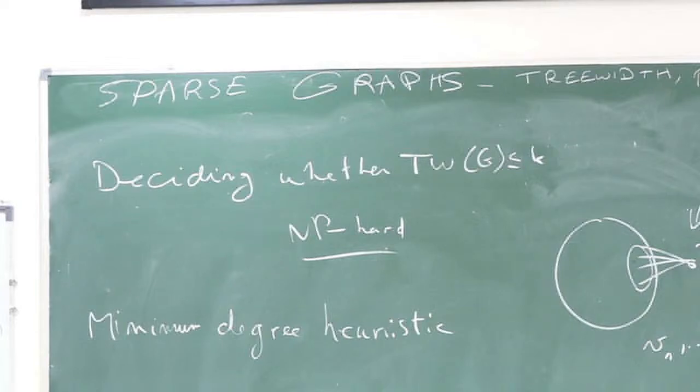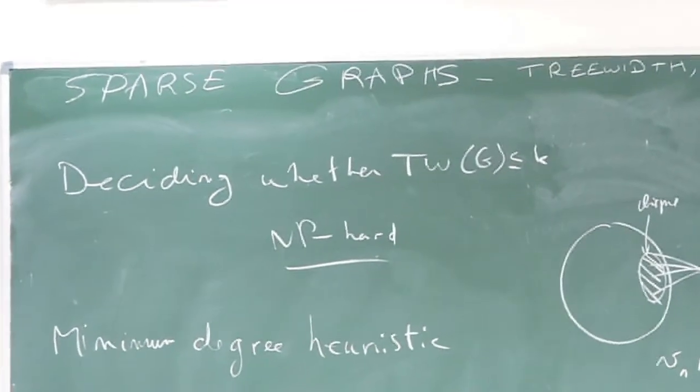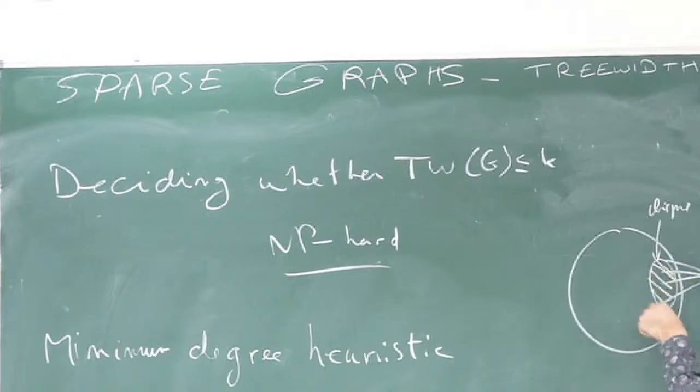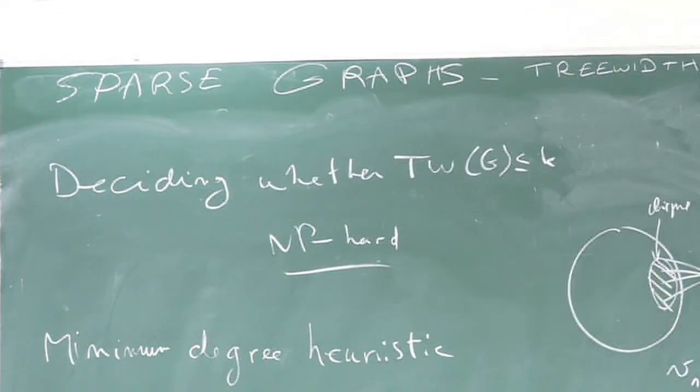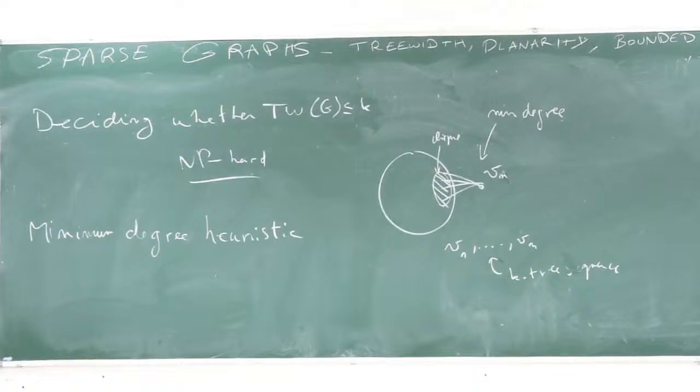Now, recursively, I delete this one. I make the neighborhood a clique. There might be an independent set, whatever. You create the clique just to be sure that it will be contained in some bag later on, so that it's not split. Now we will be sure that later on, this is a clique, and it can be formed as a bag. And now you just repeat this.